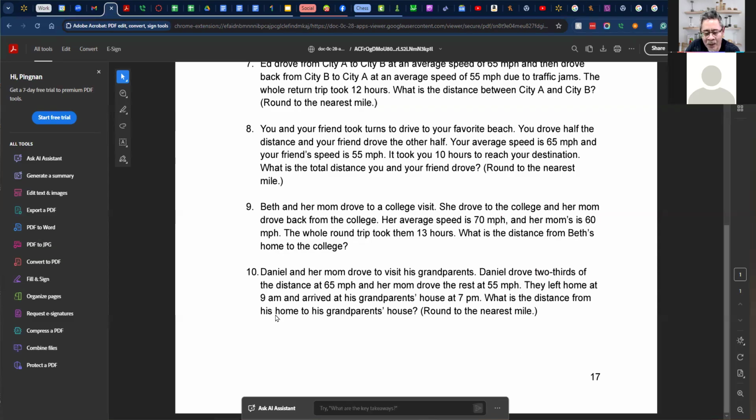They left home at 9 a.m. and arrived at his grandparents' home at 7 p.m. What is the distance from his home to his grandparents' house? Yeah, so this one now is not half and half, it's 2/3 and 1/3.